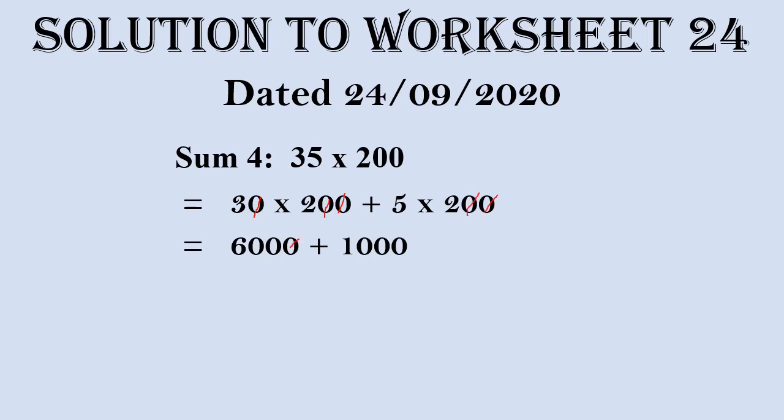So we wrote the 3 zeros here, and 3 multiplied by 2 is 6, and these 2 zeros we wrote over here of this one, and 5 multiplied by 2 is 10. So the answer of 35 multiplied by 200 is 6000 plus 1000, that is horizontal addition. 6 plus 1 is 7.